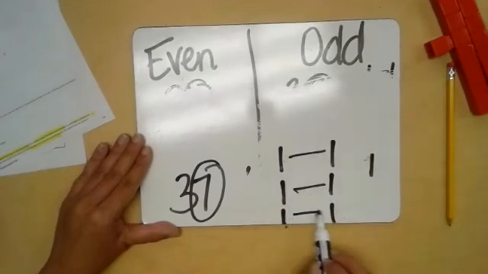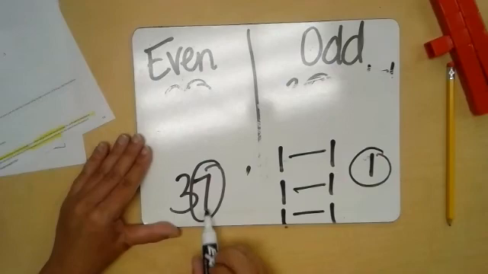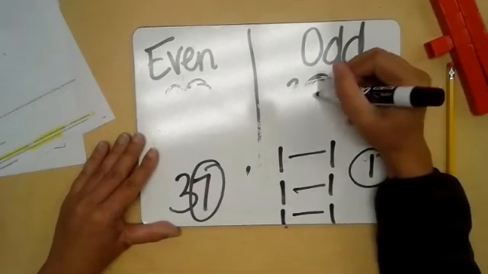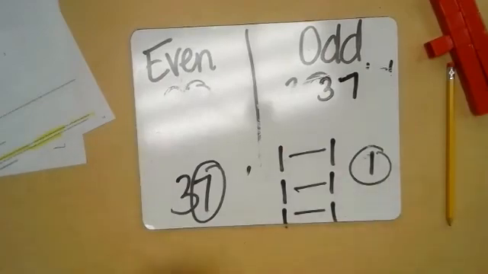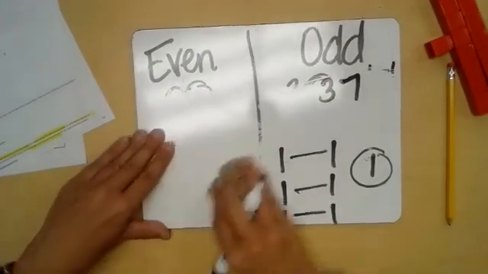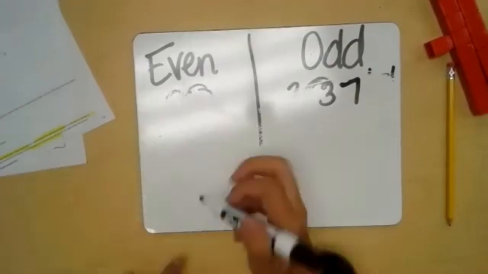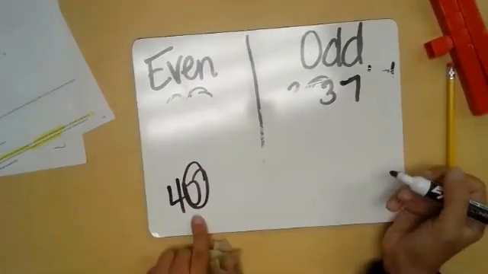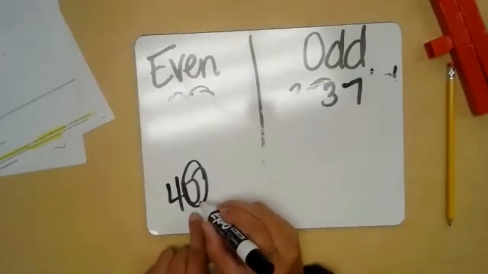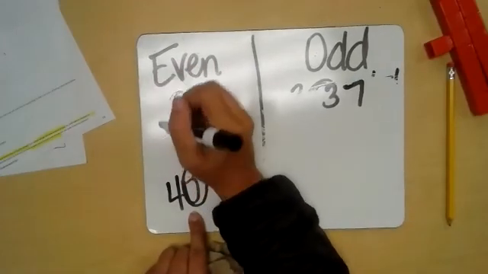Look, pairs, pair, pair. 1 left over. So is 7 odd? Yeah. 37 is odd. All right, let's look at one more. What about the number 40? Does anybody get anything? Nope, not with that 0 there. So that is even.